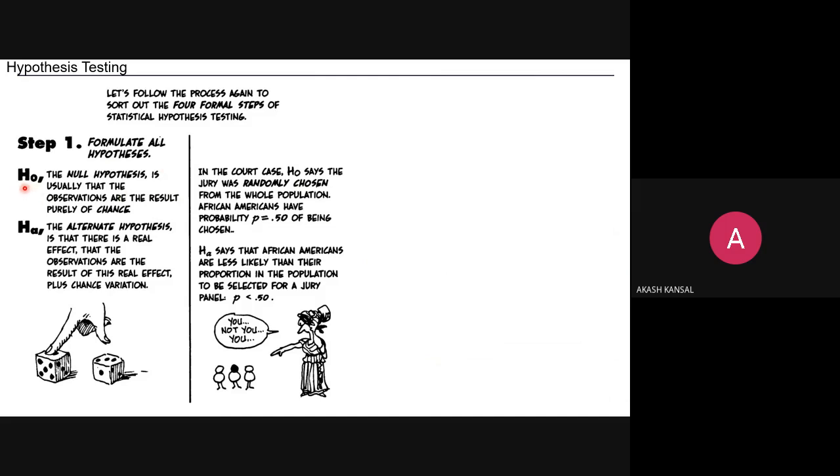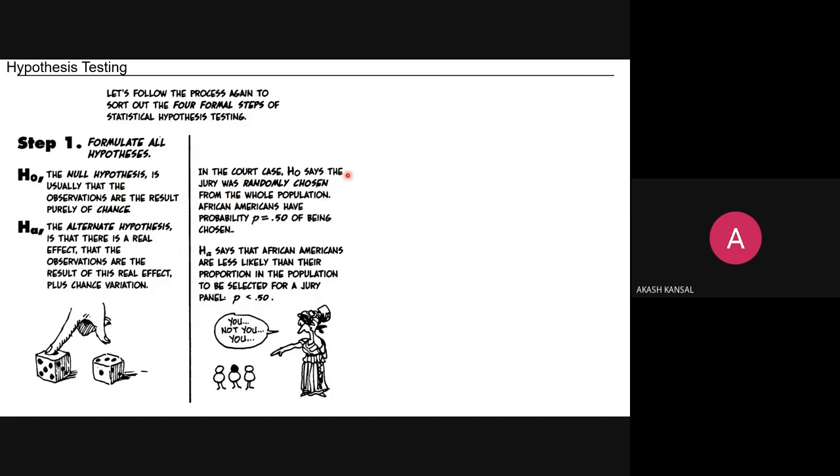H naught is the null hypothesis, which is usually that the observations are the result of chance. I mean, it's purely chance. And there is another hypothesis, the alternative hypothesis, HA, and it is that there is a real effect, and that the observations are the results of the real effect plus chance variation.